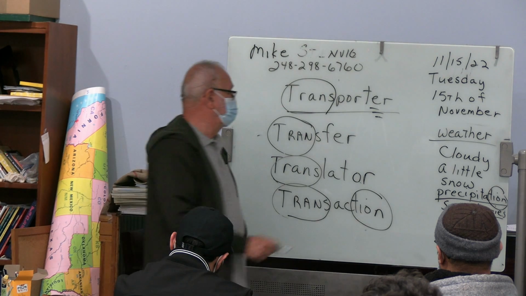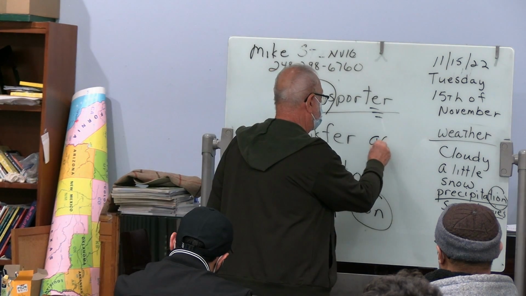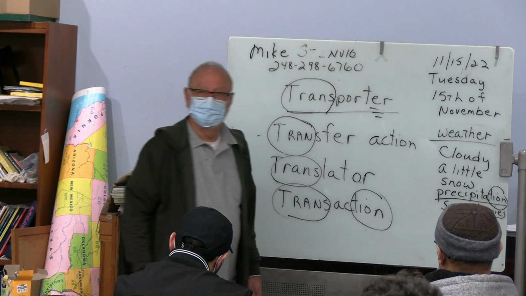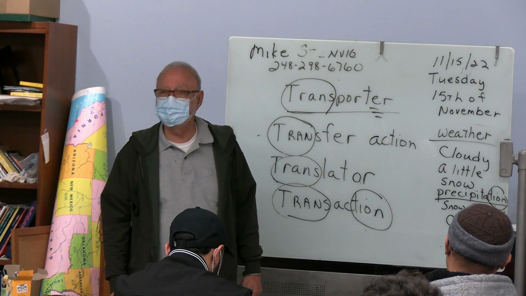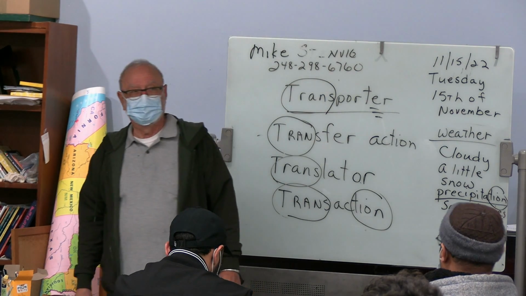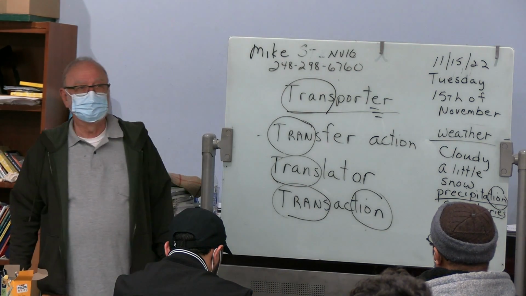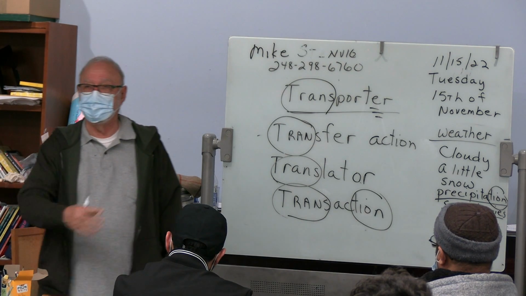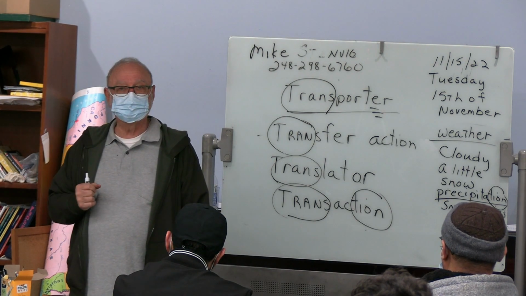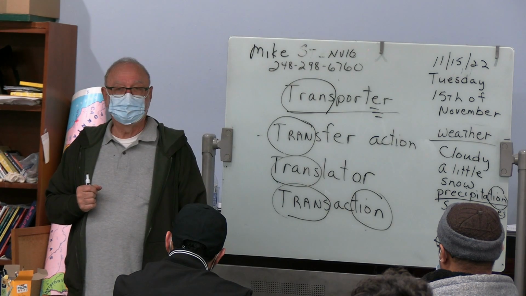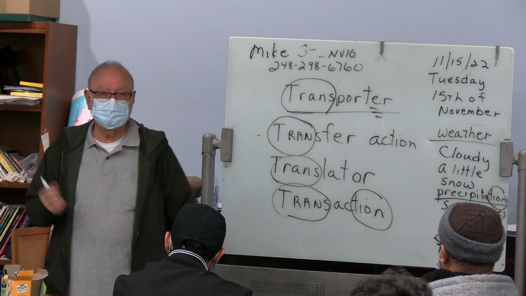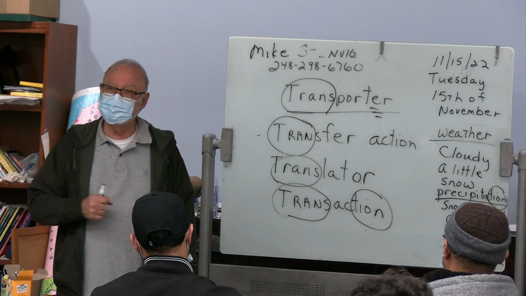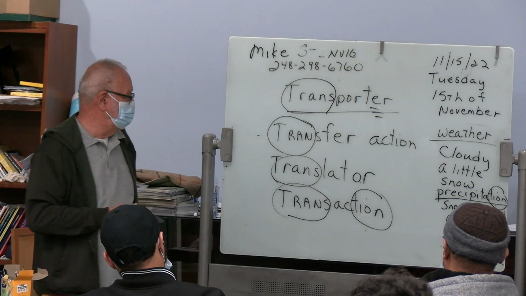Transportation. Action. T-I-O-N at the end of a word makes it a thing, not an action, or not a movement, but it's a thing that it turns it into a noun.